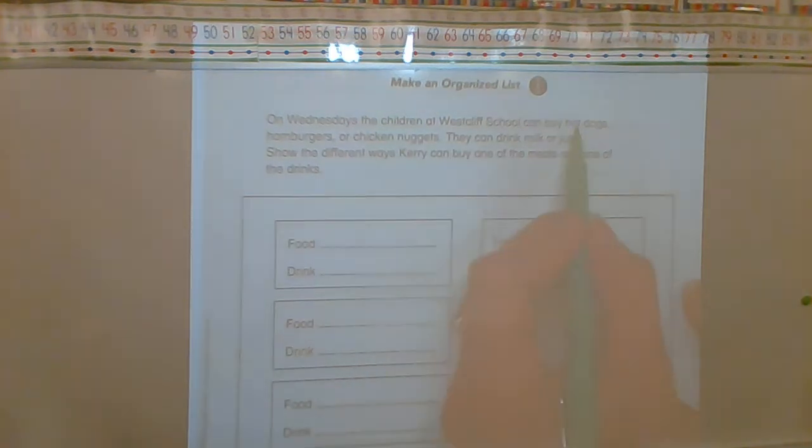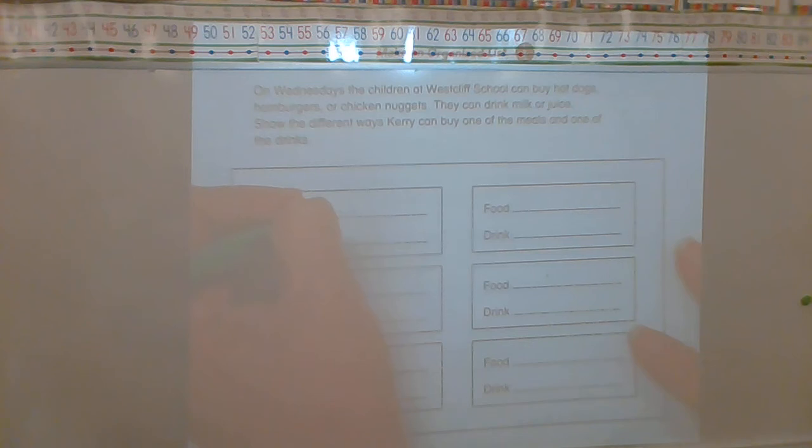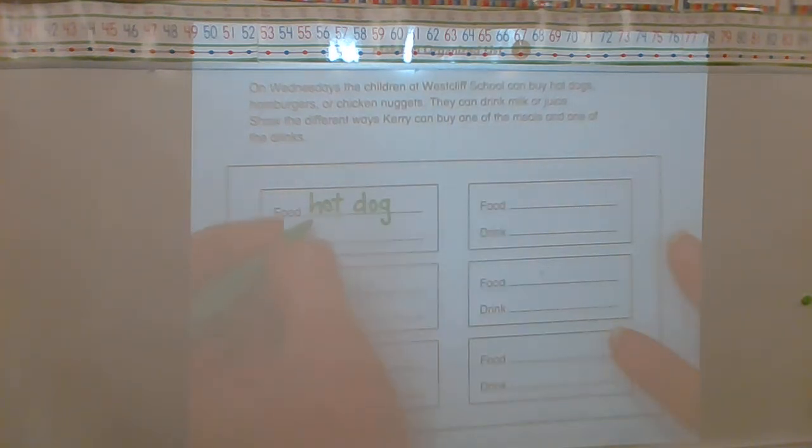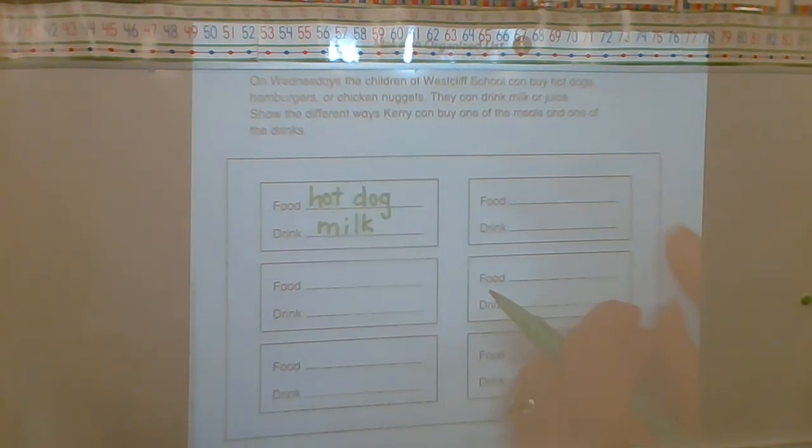Well, let's go ahead and just start. If we're going to make a list, let's start with the first thing, hot dog. Carrie could buy a hot dog. And then what could Carrie have to drink with that hot dog? What's the first thing on the list? Milk. So maybe Carrie gets a hot dog and milk. That's one of the choices. All right. Now, another way to buy the same meal.